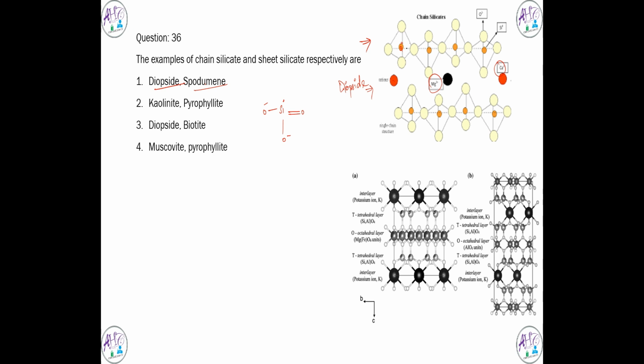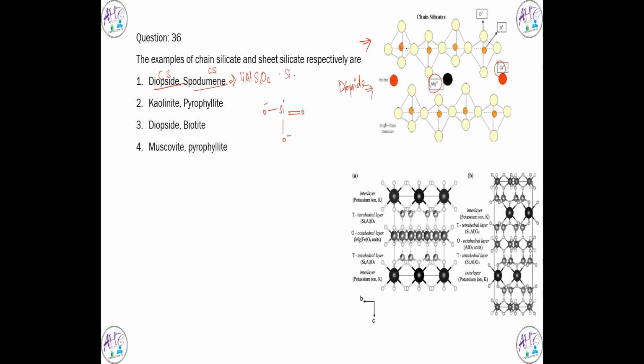spodumene. Okay, so spodumene is nothing but this is also your chain silicate. So this is your chain silicate, and this is also your chain silicate, and this is called lithium aluminium inosilicate.